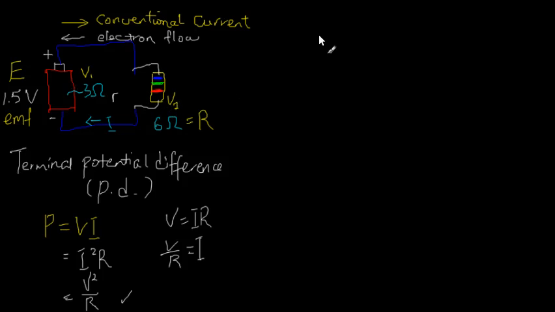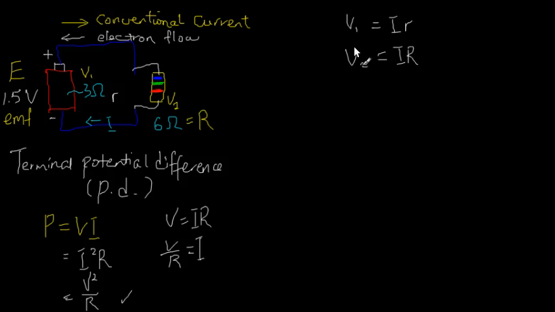Now let me quickly write down the reason again. The reason is because across the internal resistance, V1 is equal to, according to Ohm's law, I times the internal resistance, little r. Ohm's law applied to the external resistance will give V2 is equal to I times big R.